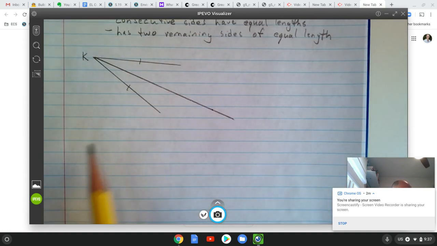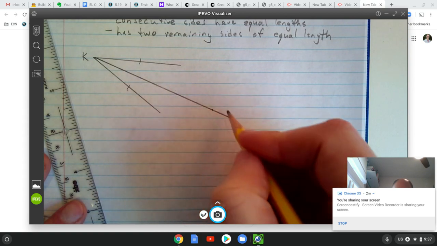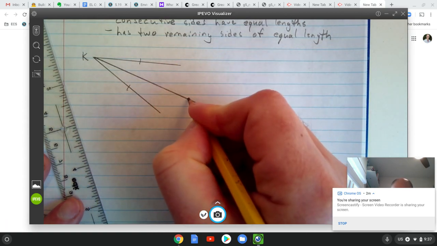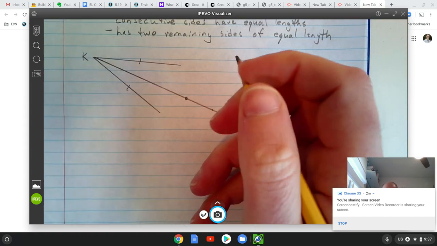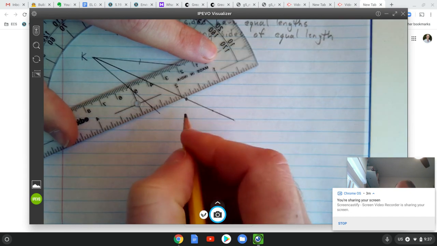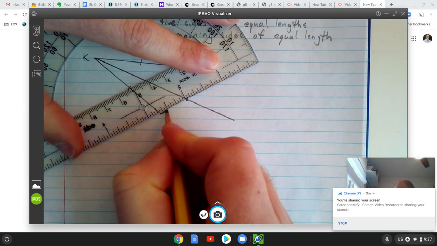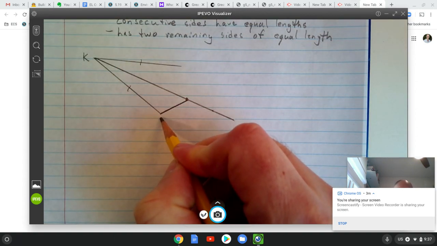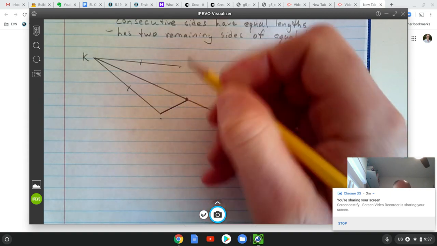And then all we need to do is find a point on this line, anywhere on this bisector line, and draw lines from this endpoint to that point, and from this endpoint to that point.